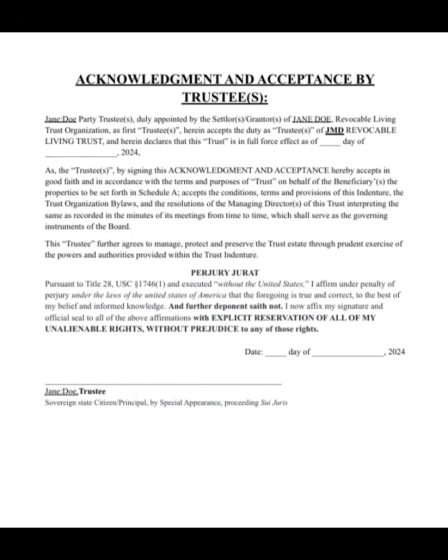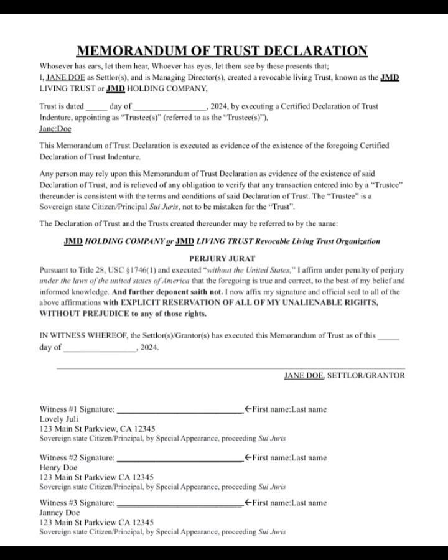JMD Revocable Living Trust and herein declares that this trust is in full effect as the trustee by signing this acknowledgement and acceptance hereby acknowledges in good faith and in accordance with the terms of the trust on behalf of the beneficiaries, the trust organization bylaws, which will be the stipulations, and all the resolutions of the managing directors of this trust interpreting the same as recorded in the minutes or meetings from time to time, which shall serve as the governing instruments of the board. This trustee further agrees to manage, protect, and preserve the trust estate through the prudent exercise of powers and authorities provided within the trust indenture.